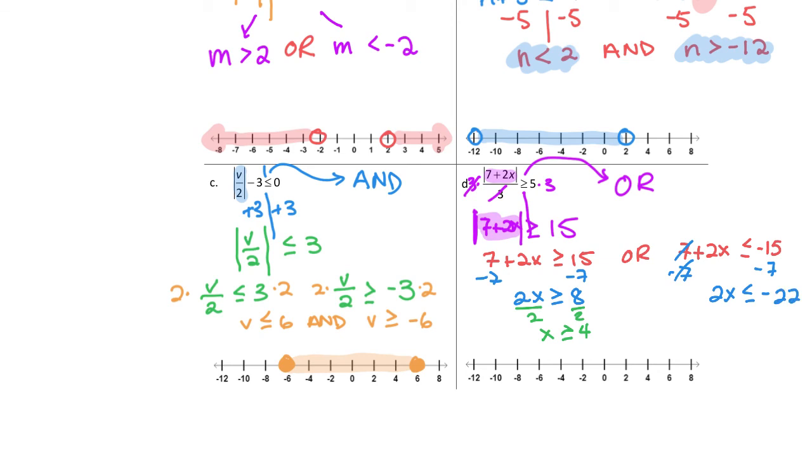When I divide by 2, I end up with x is less than or equal to negative 11. So this is an or problem. And on my graph, put a closed circle at 4, a closed circle at negative 11. I'm just going to estimate that's between negative 12 and negative 10. And then since this is an or, I'm going to shade on the outside.